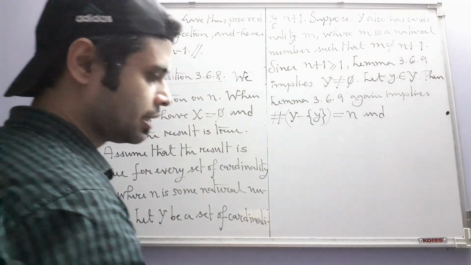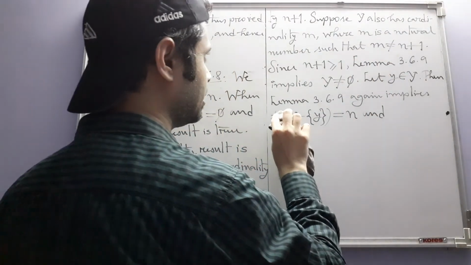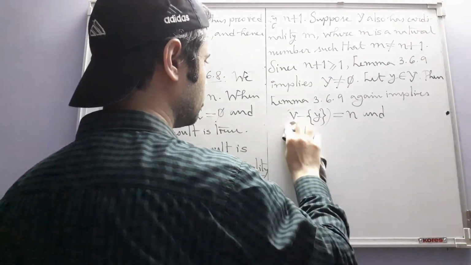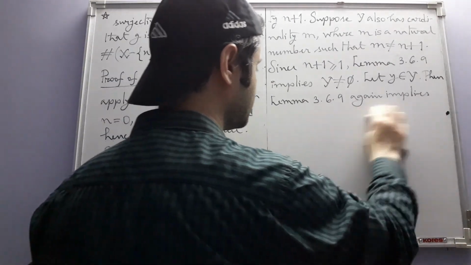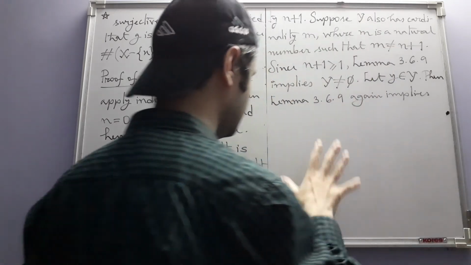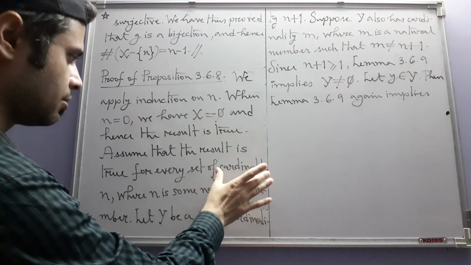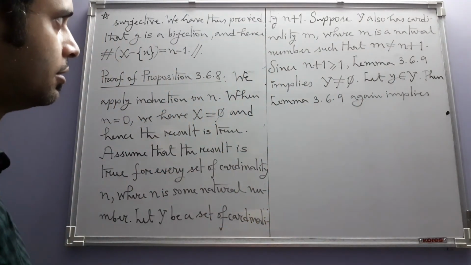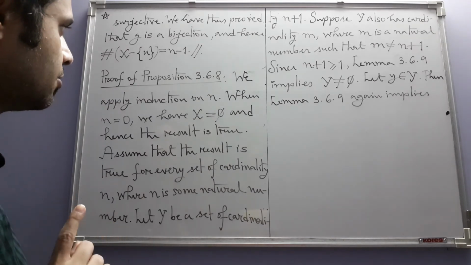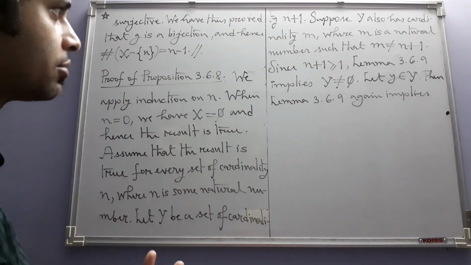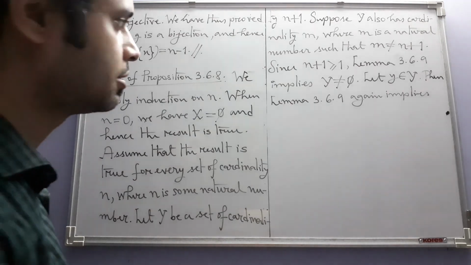It is better to just write the word cardinality, because I cannot use the notation unless I have proved that the cardinality is unique.